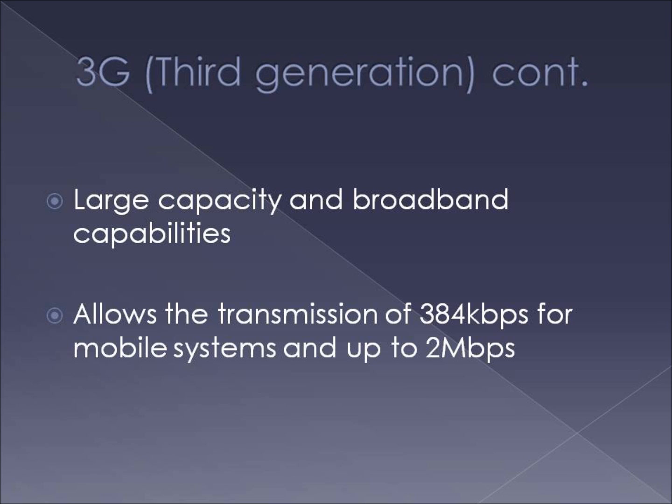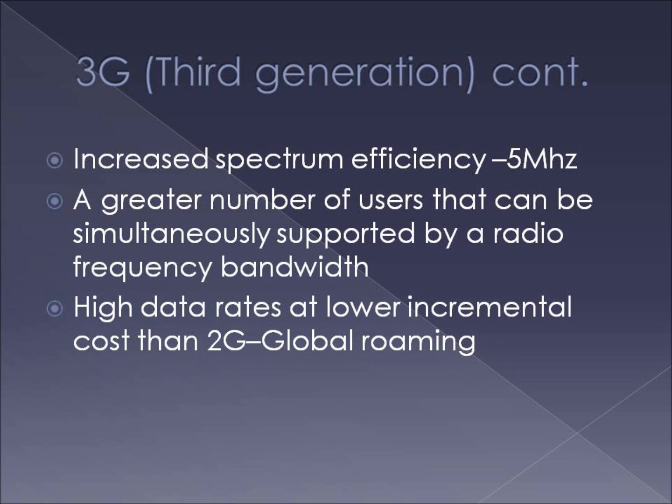The large capacity and broadband ability allow transmissions up to 2 megabits per second. 3G had high data rates, and incremental cost was less than 2G, and global roaming was possible with 3G technology.